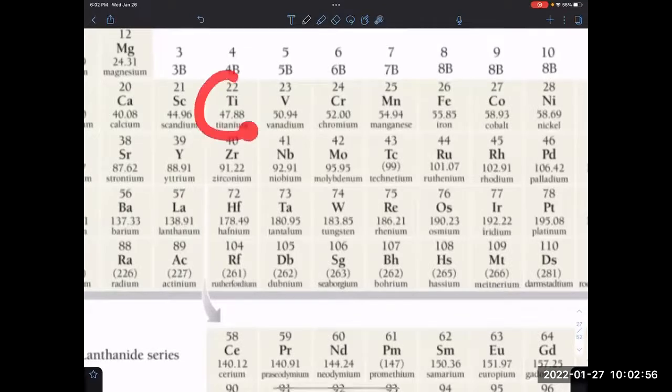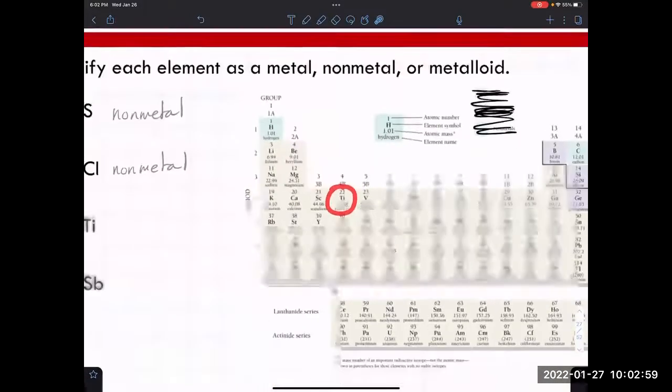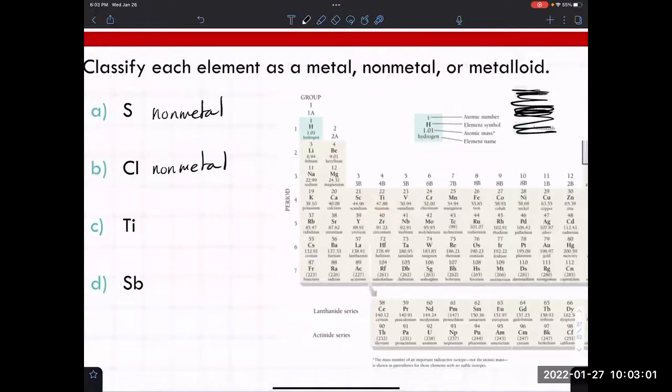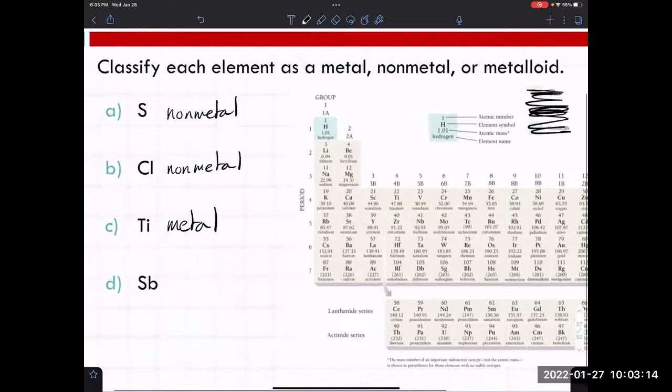Oh, 22. Oh yeah, it is way up there. Titanium is one of my favorite metals. It's a metal. It has the highest strength to weight ratio, so it's a very light metal, but also very strong.